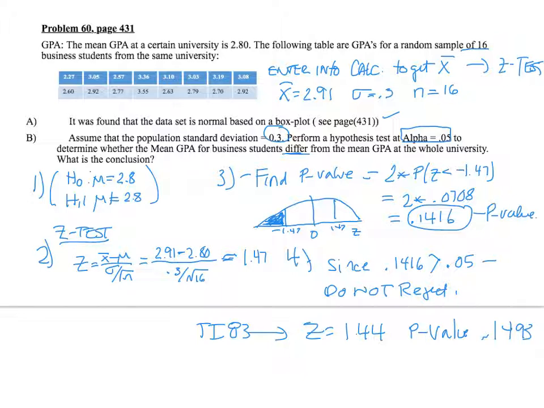So there was rounding error, and so these were the values on the TI, and you may want to check that as well.